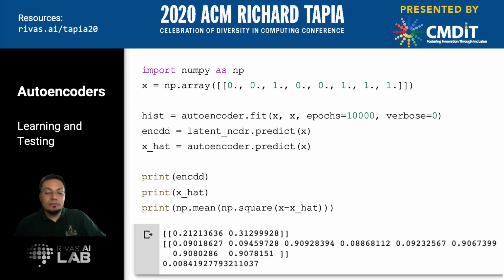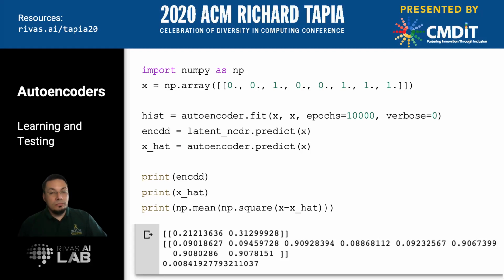It will have 2 data points here. And this is the 2-dimensional representation of this 8-dimensional binary string. All right, and when I print X hat, which is the approximation, I get this second vector down here. As you can see, the first one should be a 0. It is a 0.09. Okay, close enough.